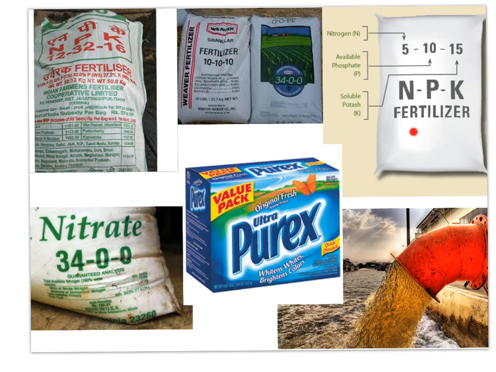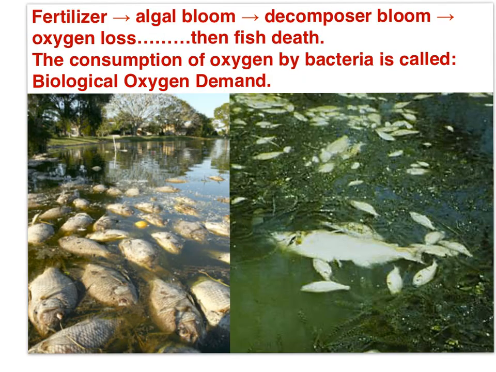Fertilizers with nitrates and phosphates, as well as detergents and sewage, all contribute to eutrophication. Here are two bodies of water that have undergone eutrophication. Fertilizers stimulated an algal bloom. Once the algae die, the decomposers bloom, and there's oxygen loss as the decomposers respire the algae.